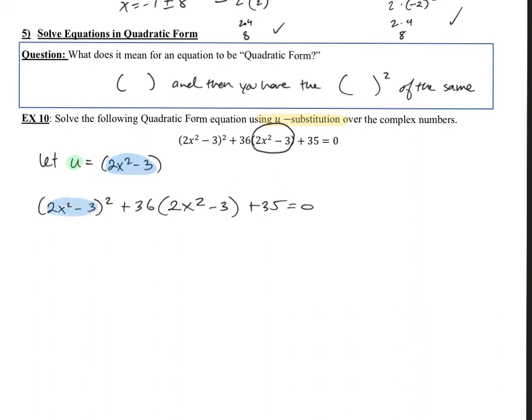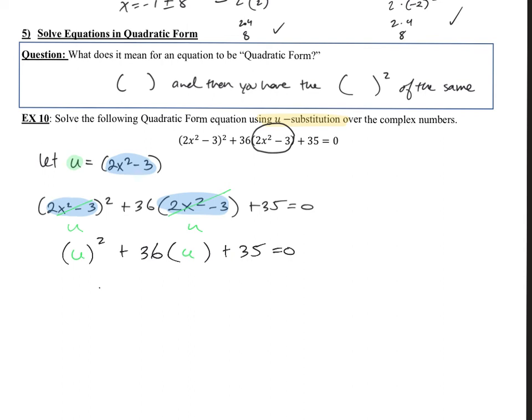So I'm going to replace this and this with u. Which means I have u squared plus 36 times u plus 35 equals 0.